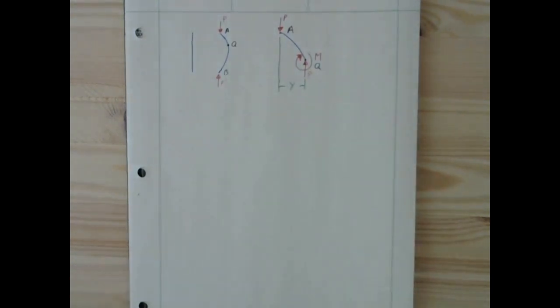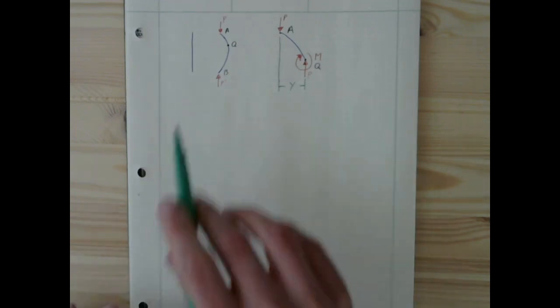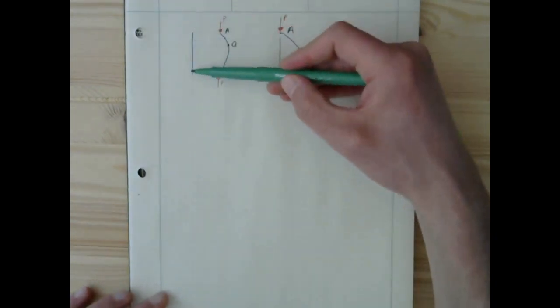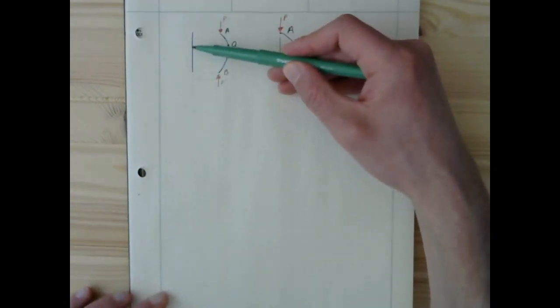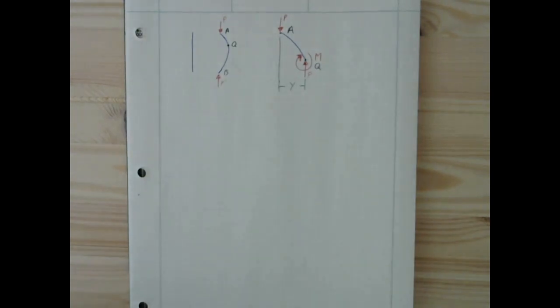I know it's deflection in the horizontal direction. Don't let that confuse you. We're still going to consider X to be the direction along the axis of the column. Okay, so even though right now we're drawing it with the X direction going vertically and the Y direction going in the horizontal direction, don't let that confuse you.